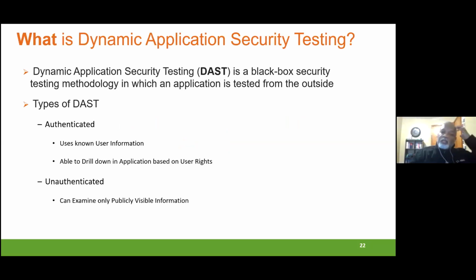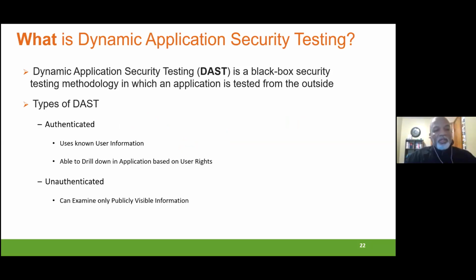And dynamic application security testing is a black box security testing methodology in which an application is tested from the outside. So you're looking at it just like an attacker, from the outside into the application.